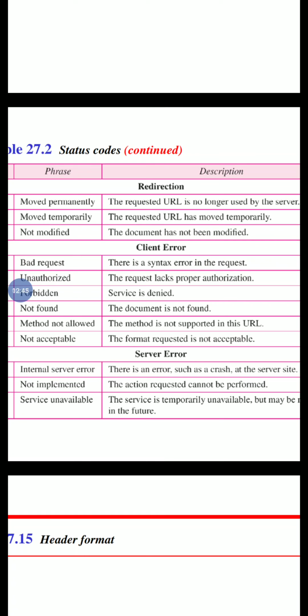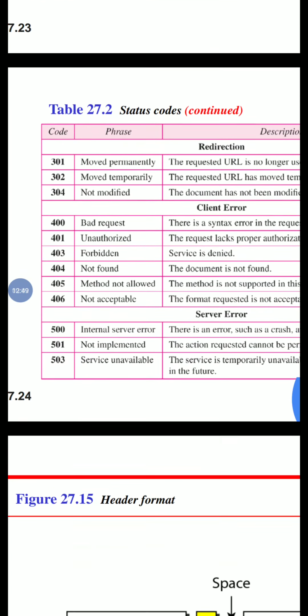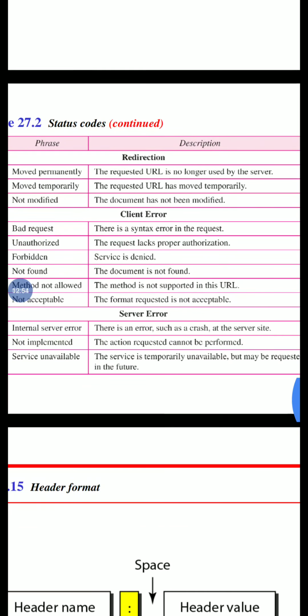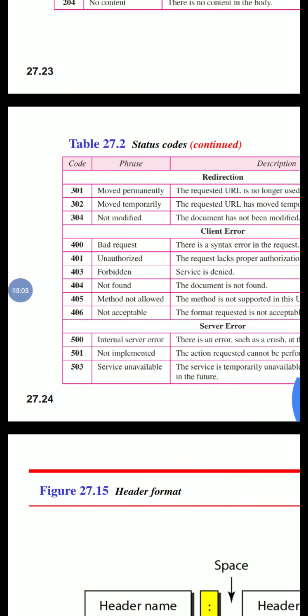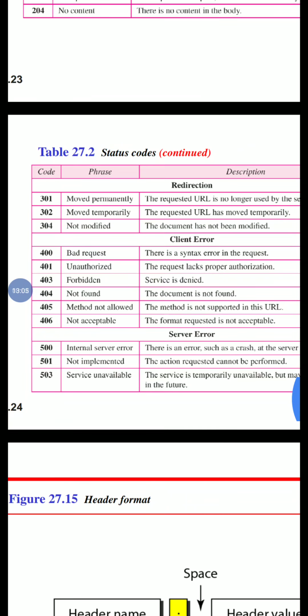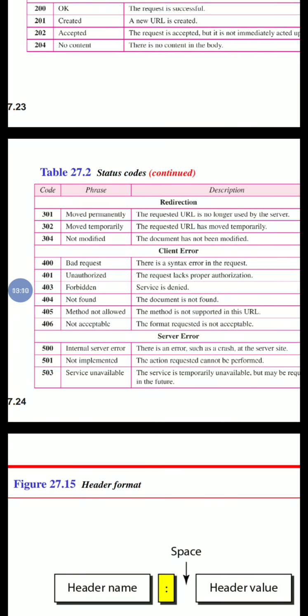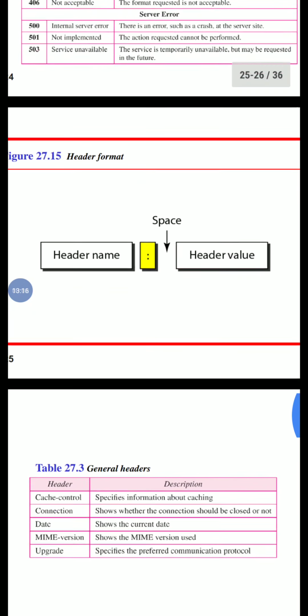So whatever things we are trying are not being performed. At that time the 501 error is there. Then 503, Service Unavailable. This occurs most of the times when a particular service is down. At that time we will get the error code 503. So these are some of the error codes regarding server errors. So you must go through the client errors and the server errors, because most of the times these kinds of errors can be asked in the examination.